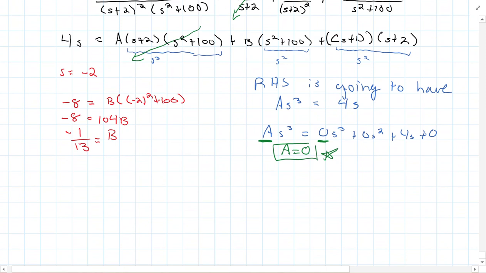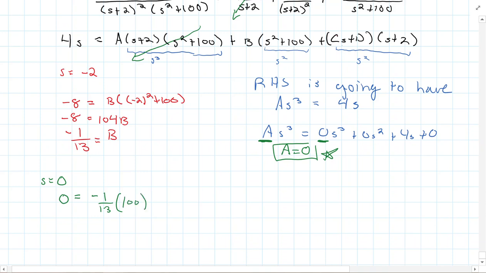All right, but now there's another clever thing you can do here. Actually, no, we already have what b is. I'm sorry. Clever thing, it's not that clever, is we can see I have a c times s. If I do s equals 0, then I'd have 0 is equal to negative 1/13 times 0 squared plus 100, so times 100.